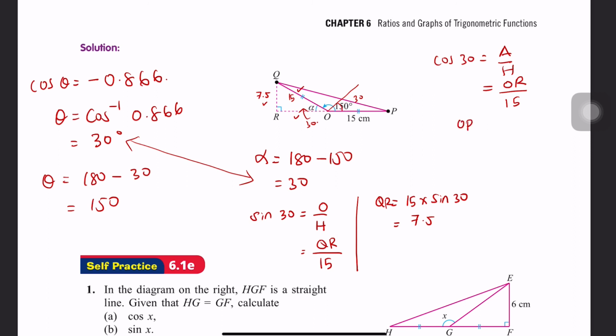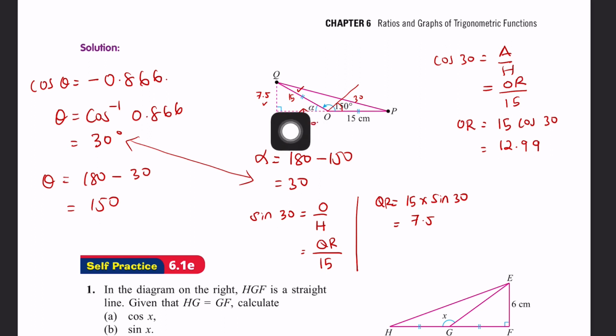So OR is equals to 15 cos 30. Okay, so tekan calculator kita akan dapat 12.99. Okay, so sini dah dapat, apa nama? 12.99 OR.